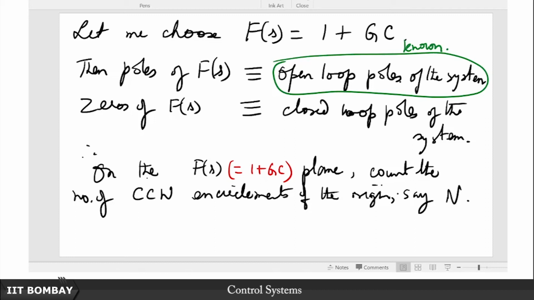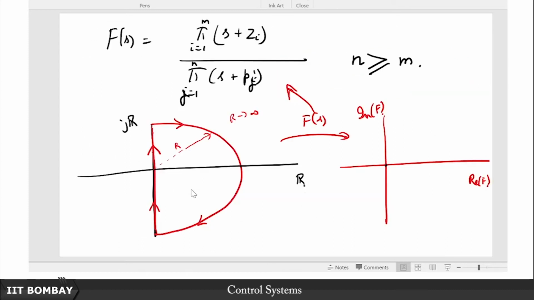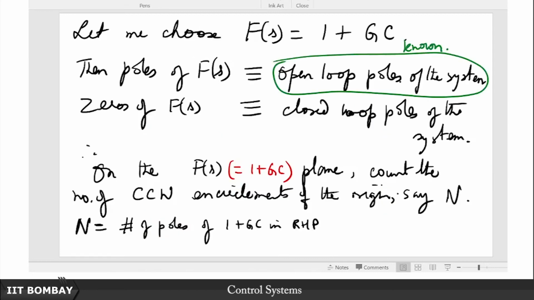So now, what can we say? N is equal to what? The number of poles of 1 plus GC in the RHP, because this D contour includes the entire RHP. That's by our design, by our very clever choice.